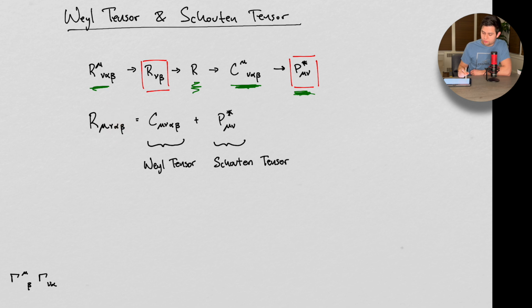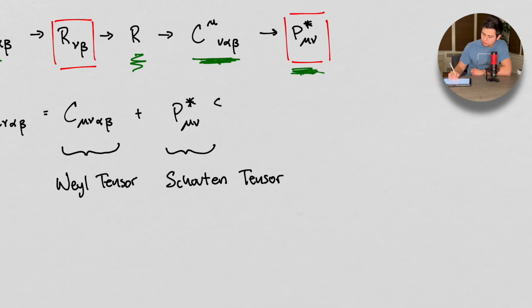So the Riemann curvature tensor is going to be the Weyl tensor plus another type of tensor, and this notation here is something we're going to talk about as well. It's called the Kulkarni-Nomizu product.